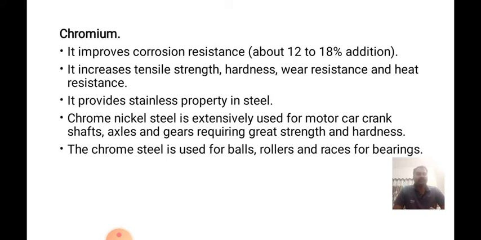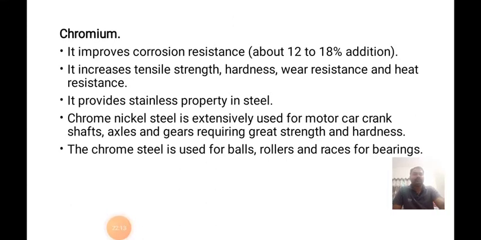The atmospheric oxygen combines with iron and forms iron oxide, and because of that rusting of the component takes place. But by the addition of chromium in 12 to 18% in the steel, instead of forming iron oxide it will form chromium oxide. It means the iron particles will remain as they are in the component, and a chromium oxide layer will form on the surface of the component, and it will prevent the oxidation as well as rusting of the component. Is it okay?